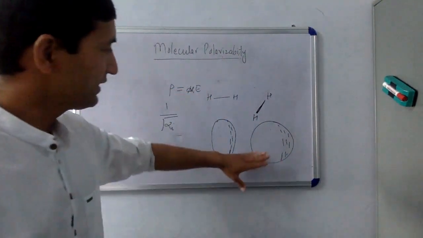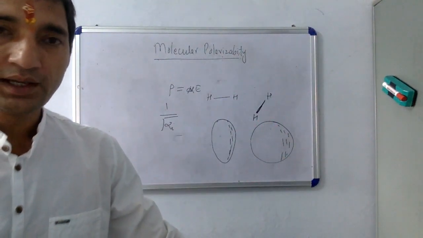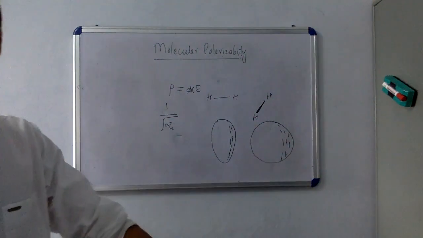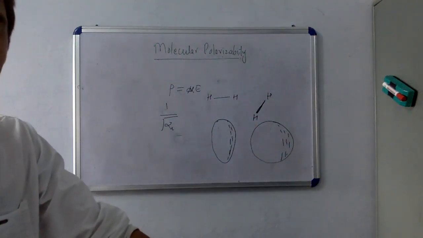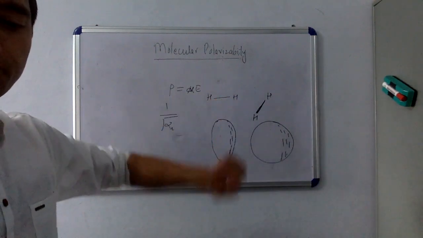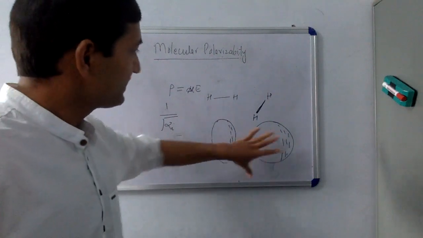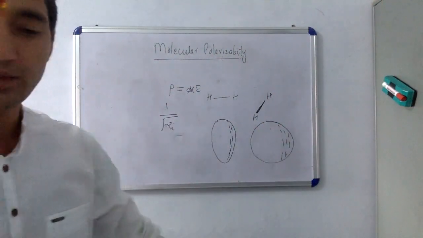That is why for the diatomic molecule we get a simple circular cross section. The polarizability of a diatomic molecule is the same for all directions at right angles to the bond axis. The ellipsoid has a circular cross section.